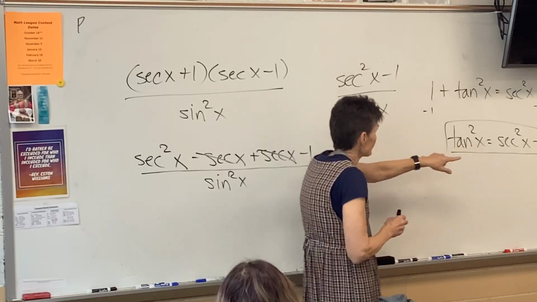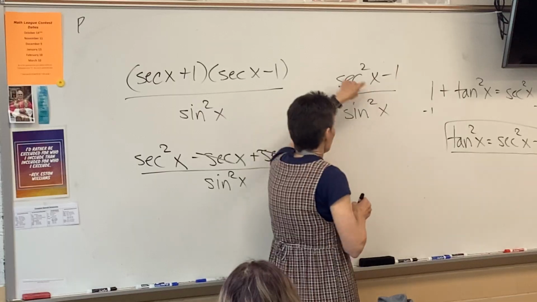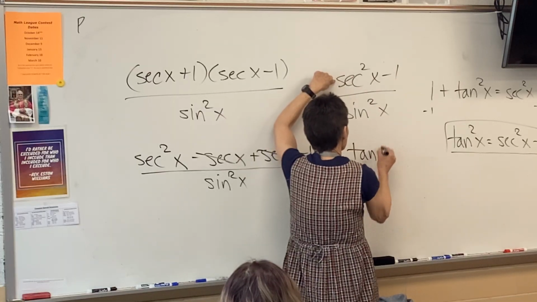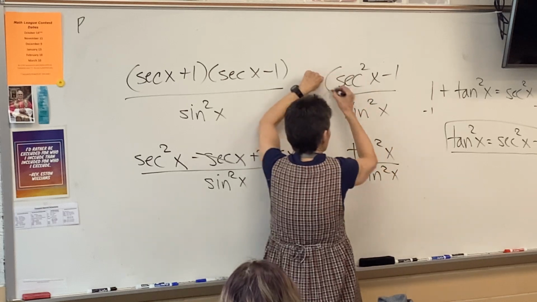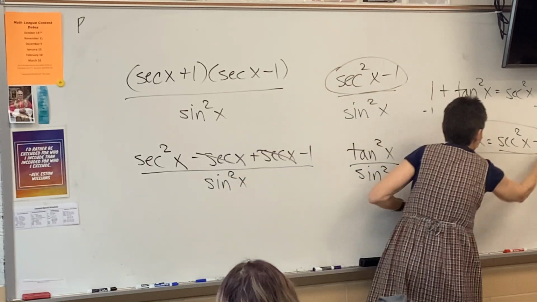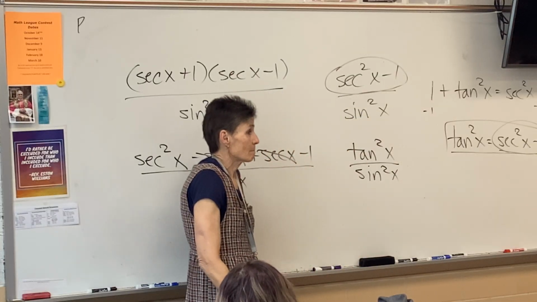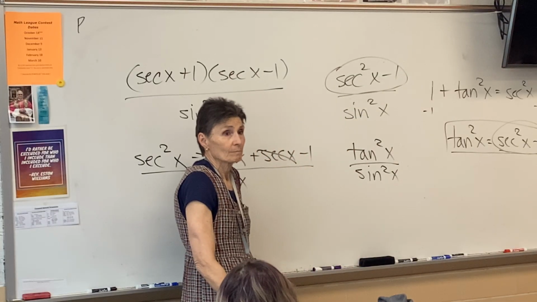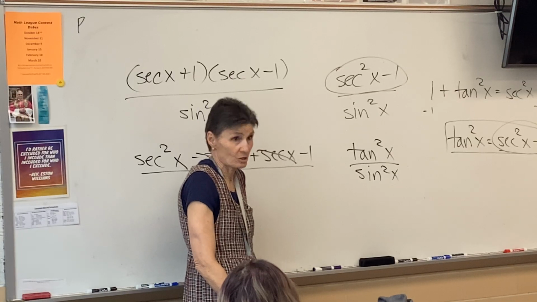So if secant squared minus 1 is tangent squared, then isn't my numerator just tangent squared? This right here is this right here. Secant squared minus 1 is tangent squared.